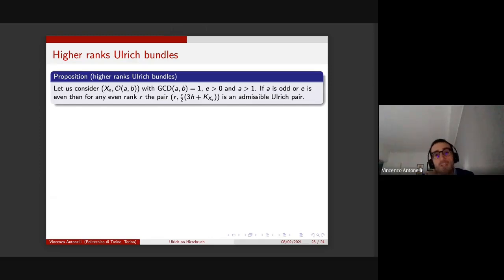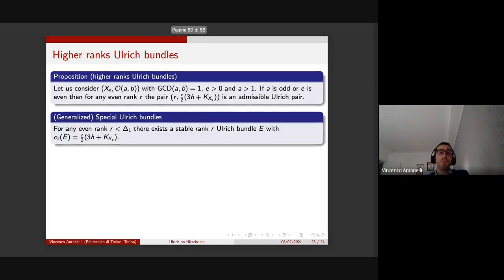So in any case, it does not depend on delta 1 and the other deltas. It's always admissible. And because of this, we're able to prove the last result: for any even rank smaller than delta 1, there exists a stable rank R Ulrich bundle E with that fixed first Chern class.